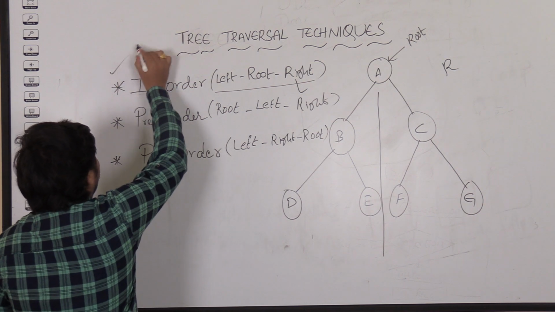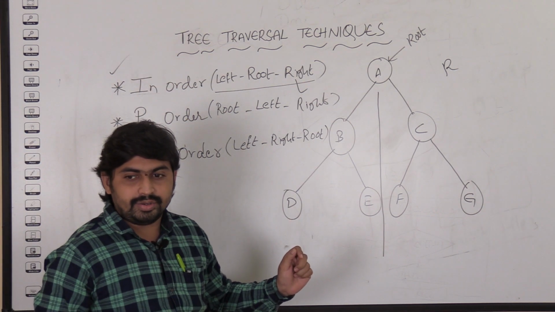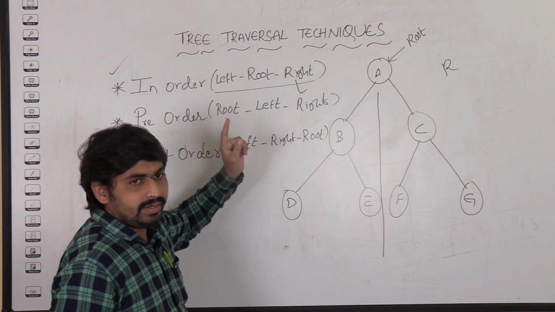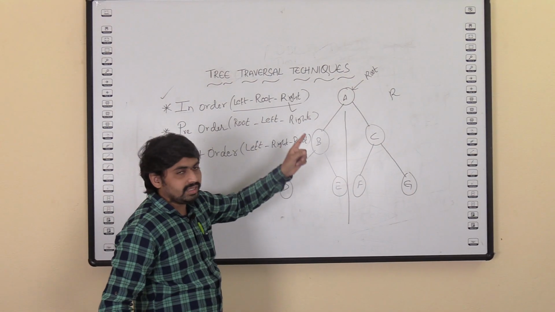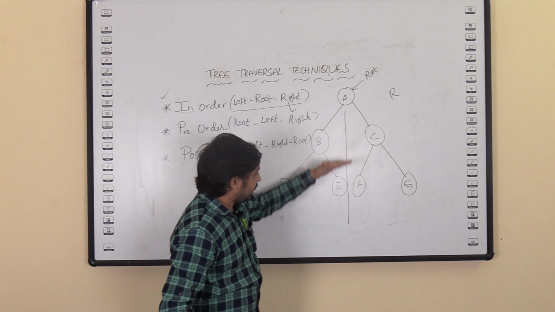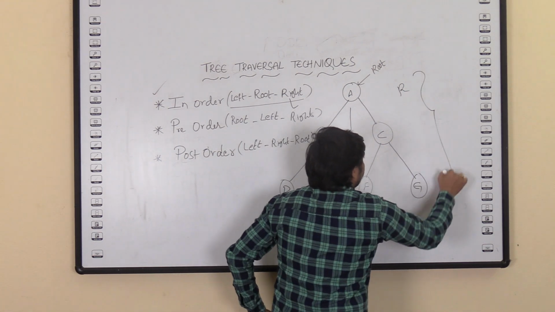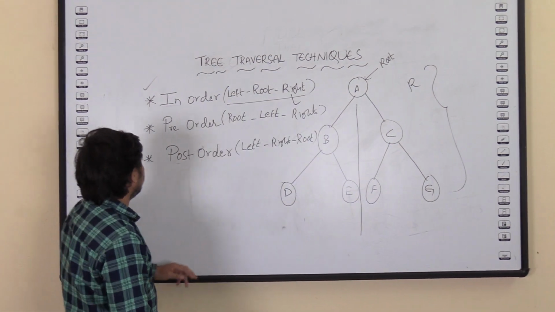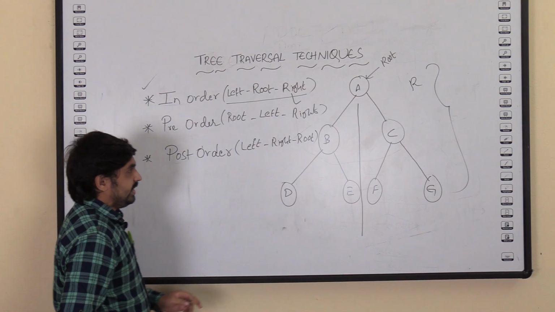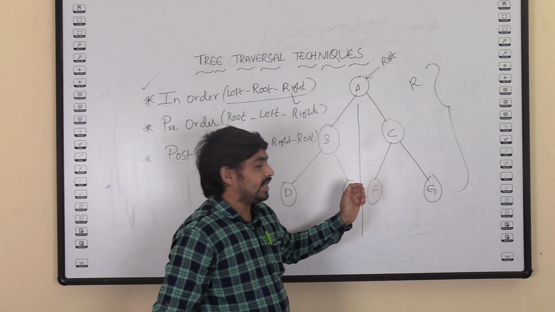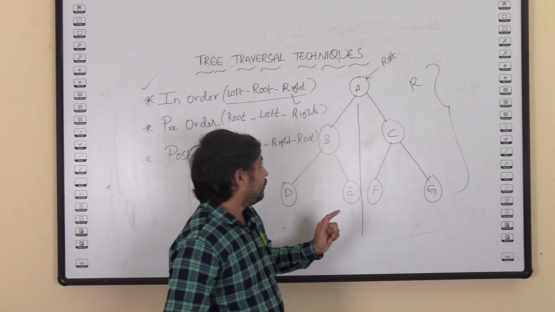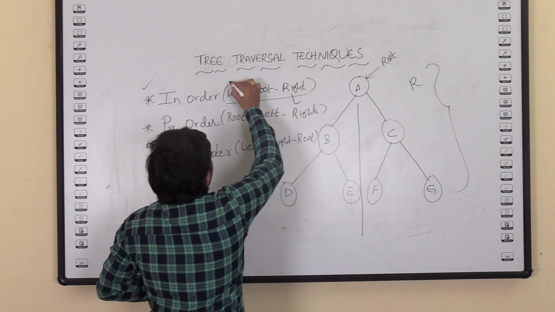First one is in-order. The in-order technique is used first on the left side, then the root, then the right side. In this in-order traversal technique, first is the left side.